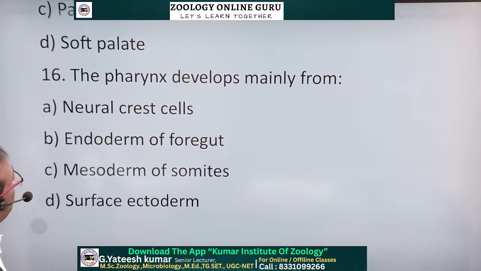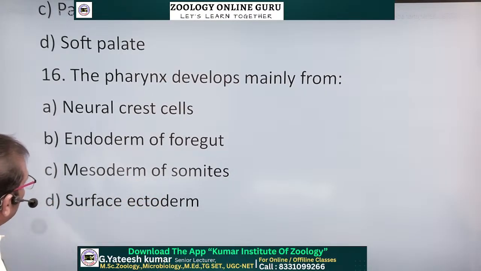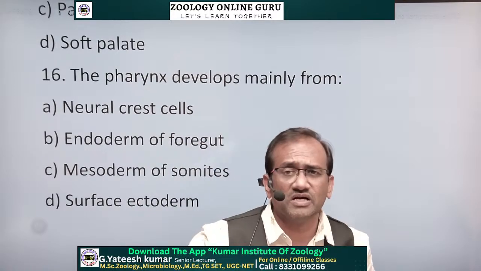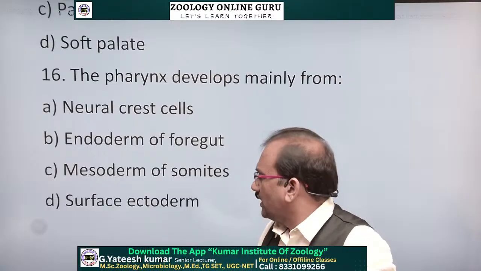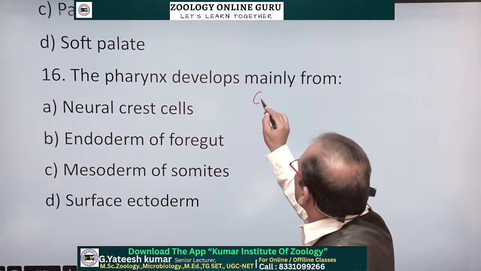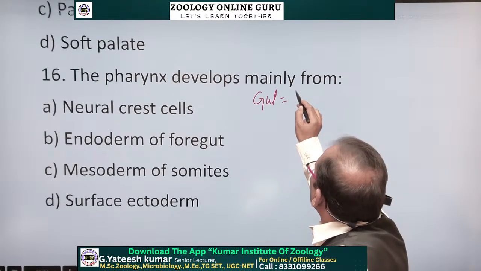The pharynx develops mainly from: neural crest cells, endoderm of the foregut, mesoderm of somites, or surface ectoderm. What is the answer? The gut, the whole gut, originates from the endoderm.